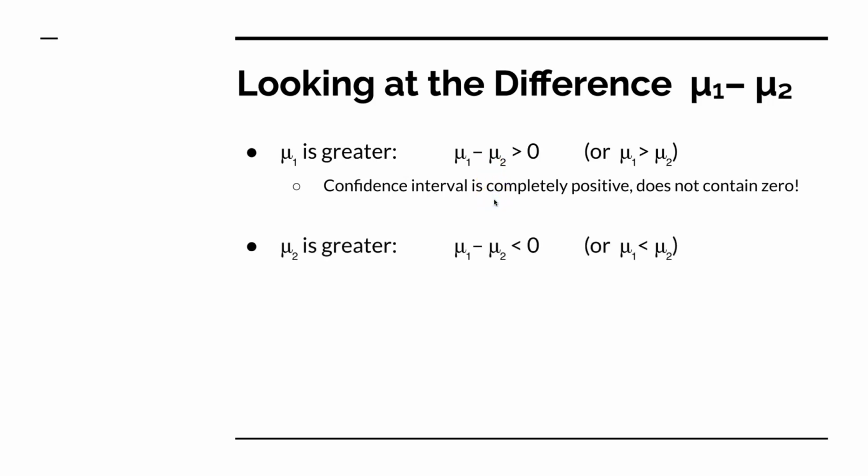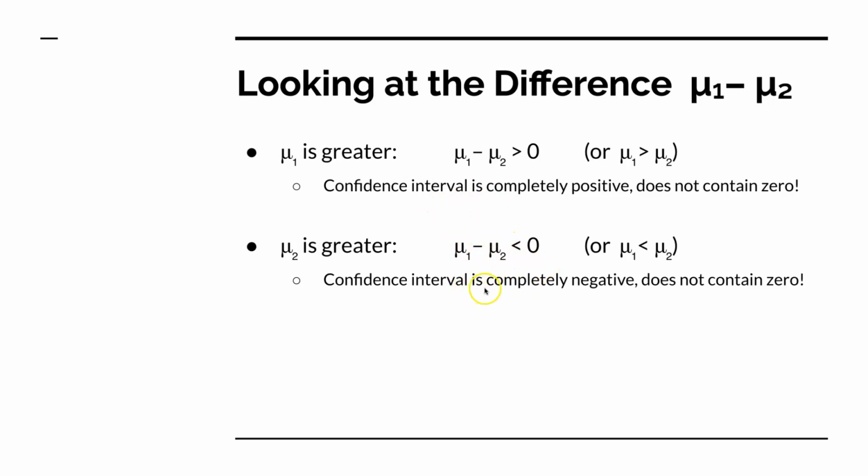But what if it's the opposite? When you do mu1 minus mu2 and it came out to be completely negative, okay? That means mu1 was smaller. When you do a small number minus a big number, like if you do 3 minus 10, 3 minus 10 is not positive 7. 3 minus 10 is negative 7, right? So if you do a small minus big, that's when you get a negative.